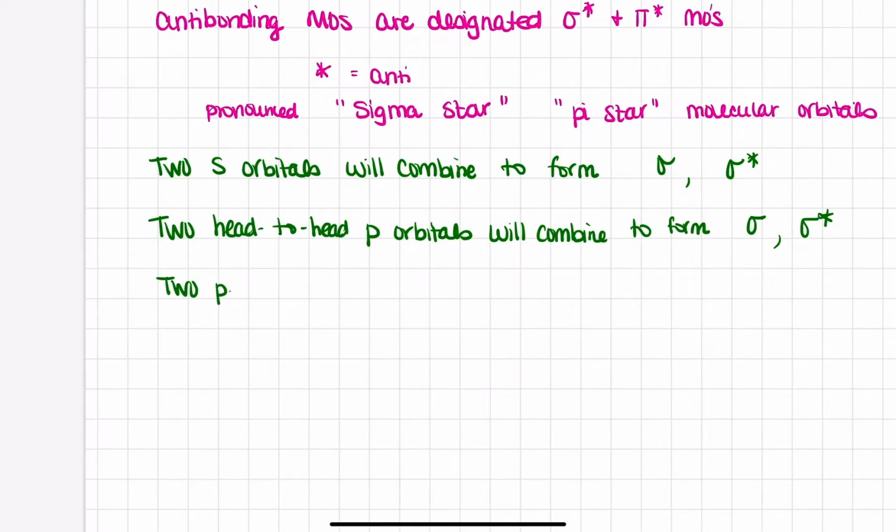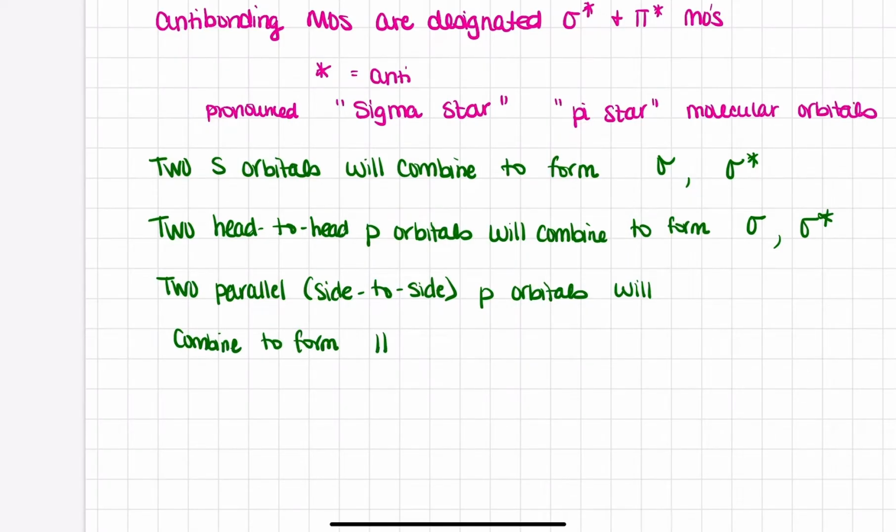Two parallel, meaning side to side, p orbitals will combine to form pi and pi star.